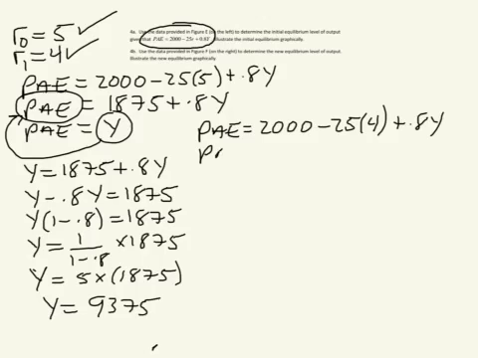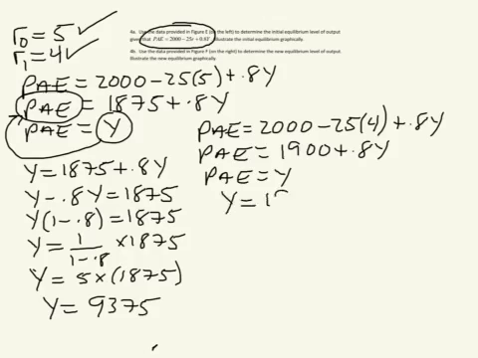So planned aggregate expenditures is going to be equal to 1,900 plus 0.8y. So again, I'll use my equilibrium condition to get the new equilibrium. Spending and income are the same. So y equals 1,900 plus 0.8y.